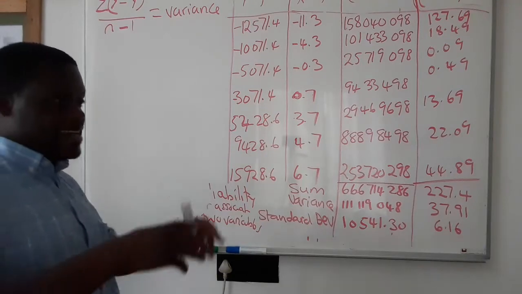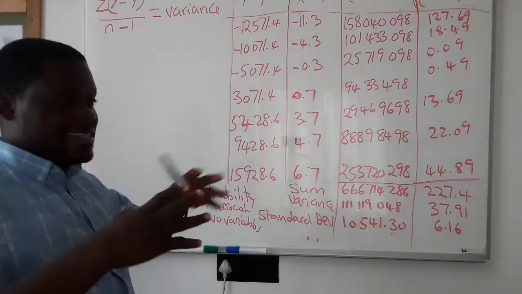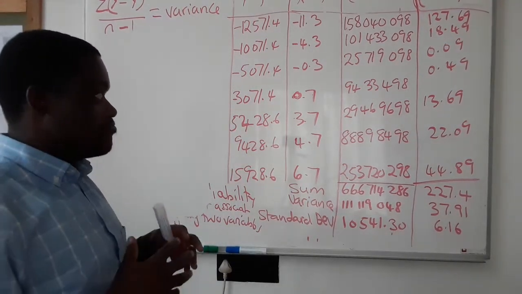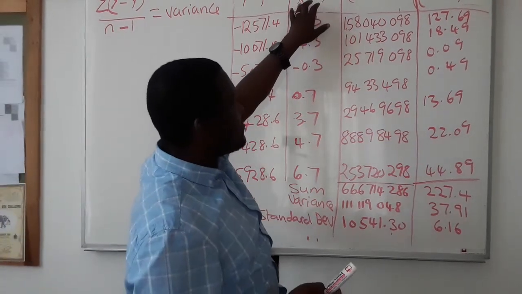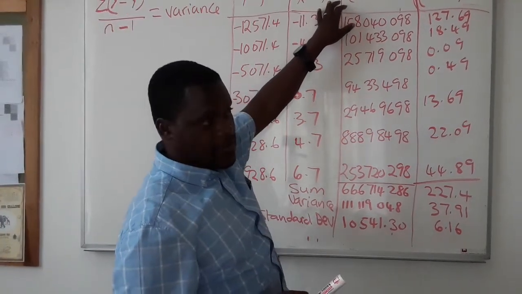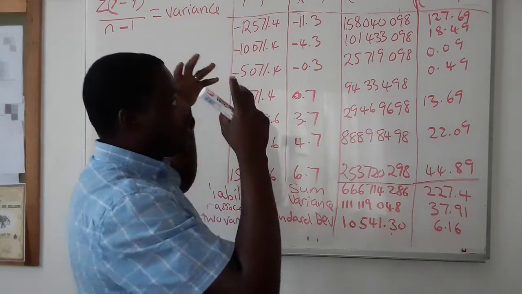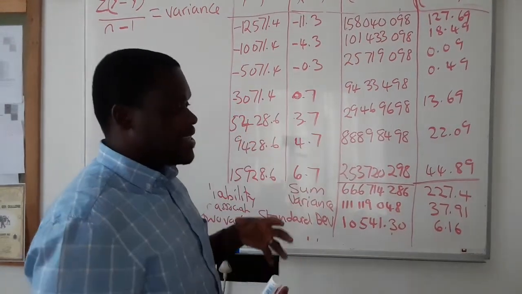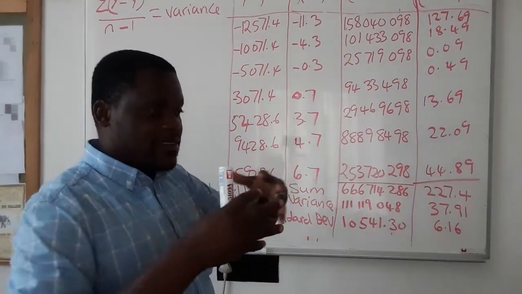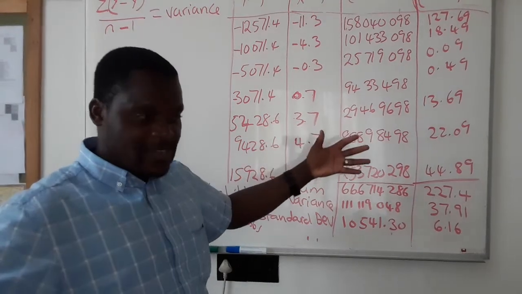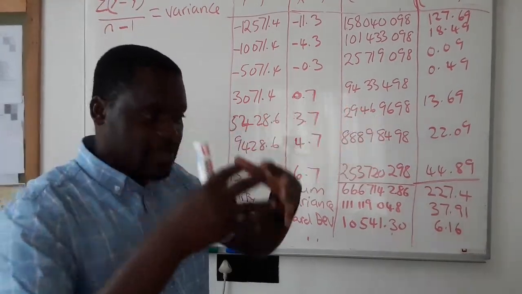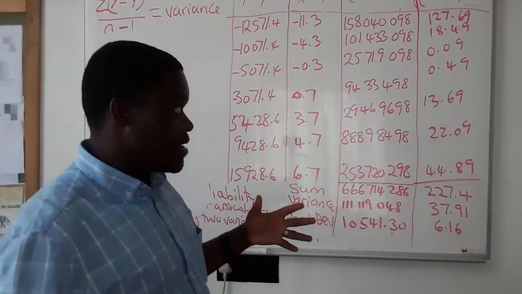It is telling us the dissipation of the data because this is measuring how far the data is from the mean. So squaring that deviation tells us the extent to which observations are dissipated, or far removed or closer to their mean.